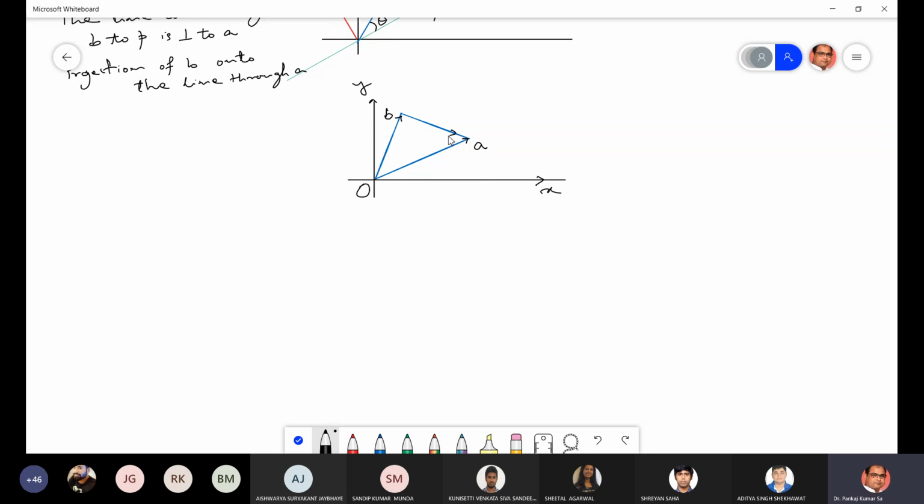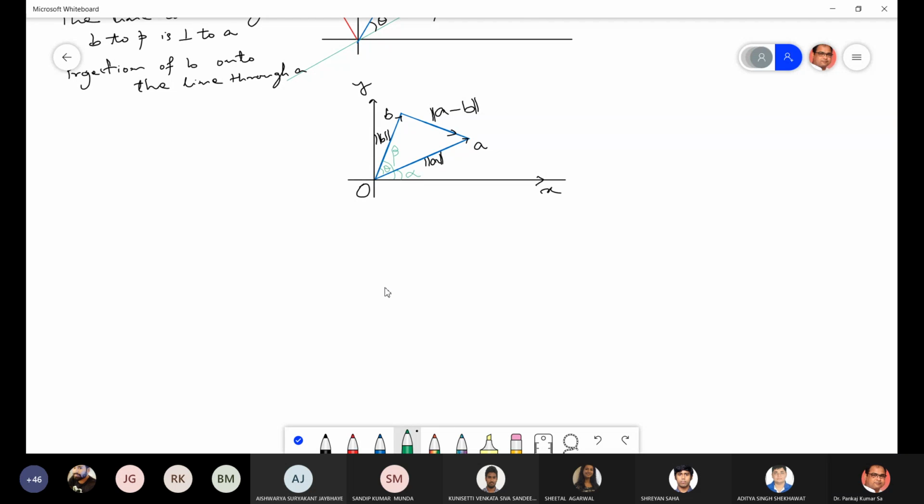And this vector, this plus this is equal to this, so A minus B. Here I have the length A, here the length B, and here the length A minus B. Let us assume that A subtends an angle alpha and B subtends an angle beta, and this is equal to theta.